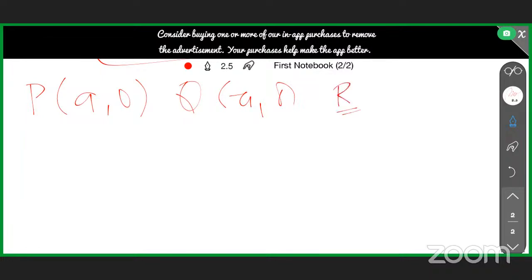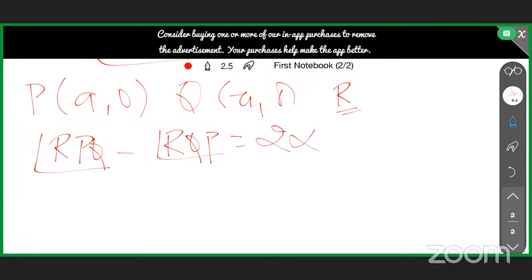Please take note, R is a variable point on one side of PQ. And they're giving one condition such that angle RPQ minus angle RQP is equal to 2 alpha.